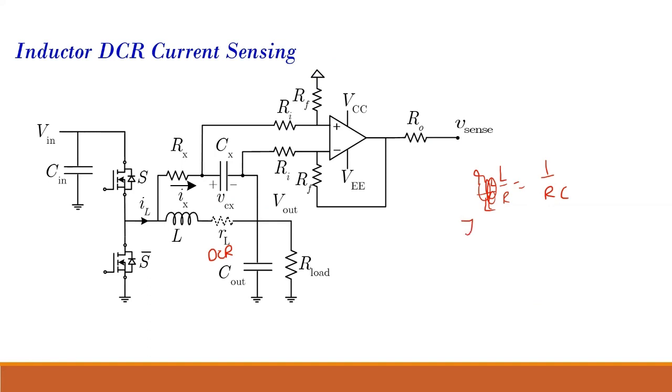So the time constants of these two paths should match. Once the time constants of this path and this path match, the voltage across the capacitor, this V_CX, will be some gain into the current flowing through the inductor. The important part you have to take into account is that these time constants should match. The time constant is L by R over here, and this is 1 by RC.